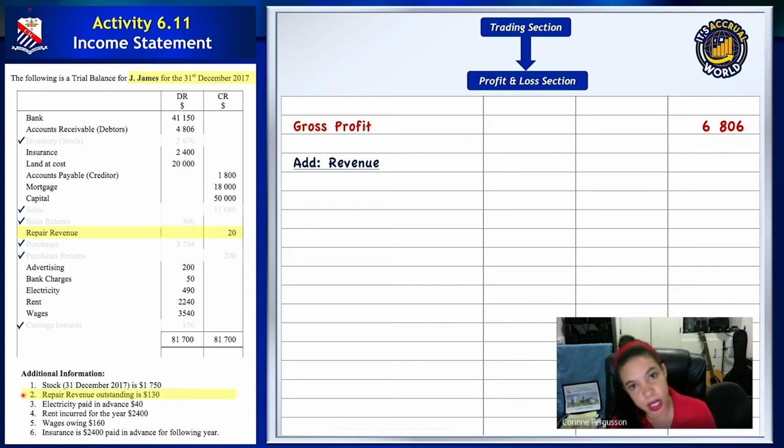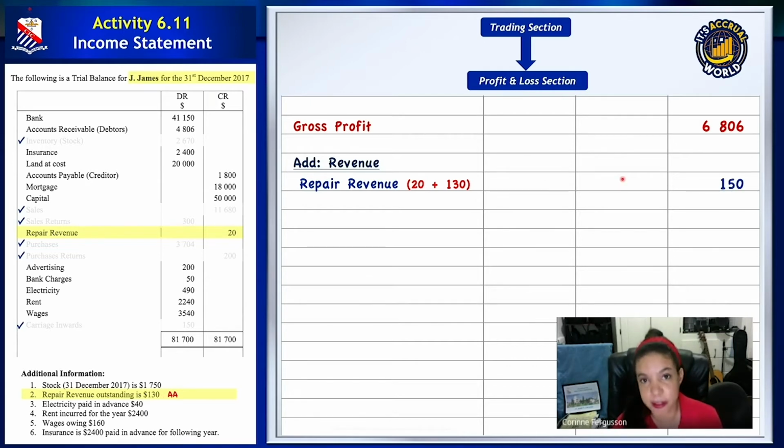What do you do with accruals? You add them. So you go to your income statement, repair revenue, and it is 20, which is the amount in your trial balance, plus your accrual, which is 130. So 20 plus 130 gives you 150.